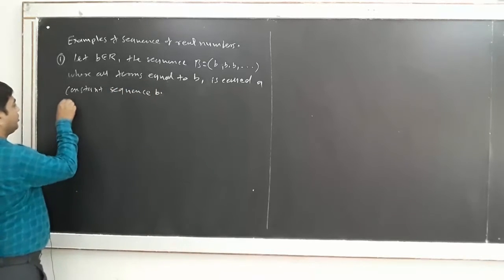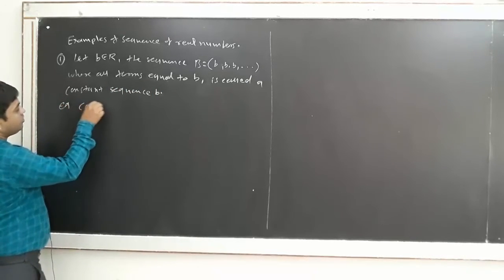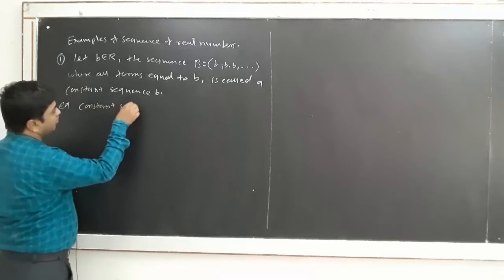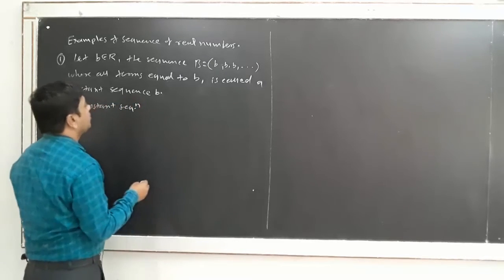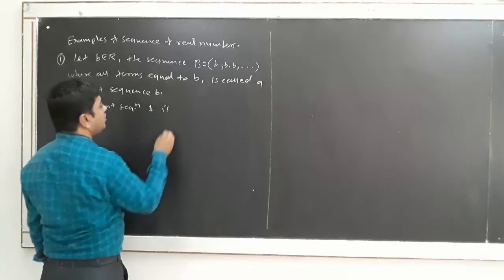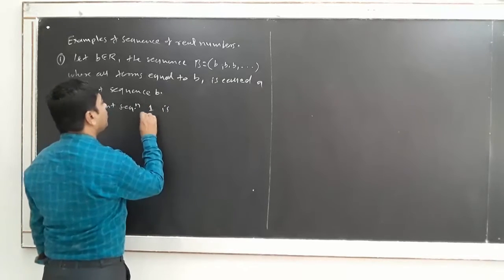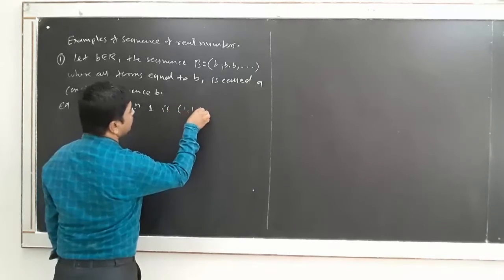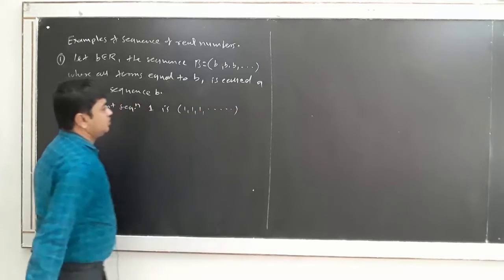For example, constant sequence 1 is 1, 1, 1, and so on.